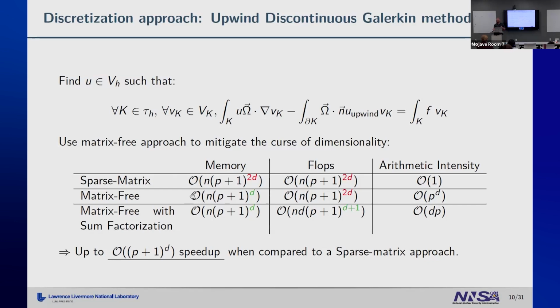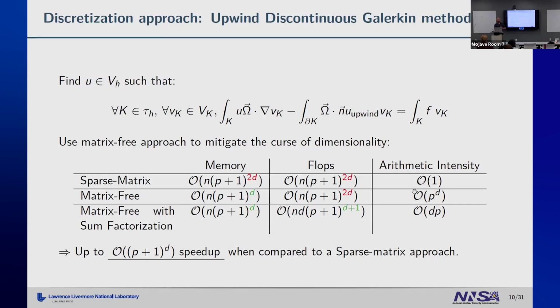When you do matrix-free, you lower the memory utilization to n(p+1)^d. And if you don't do some factorization, you keep a flop count that's pretty high, the same as a sparse matrix, asymptotically.